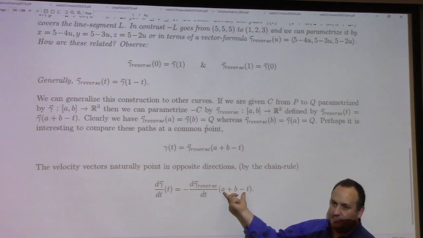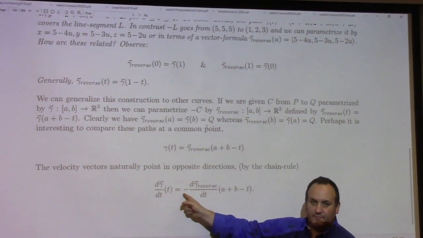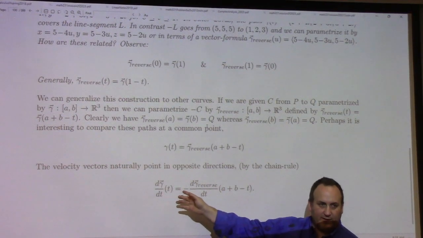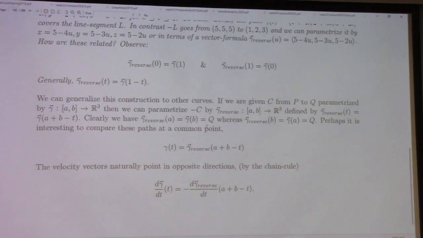What happens when you differentiate a plus b minus t? You get minus 1, right? That's where that minus comes from. But you'd expected this already, because if the tangent vector to the curve looks like this, then surely the reversal's tangent vector looks the same but in the opposite direction. That should be how it works.